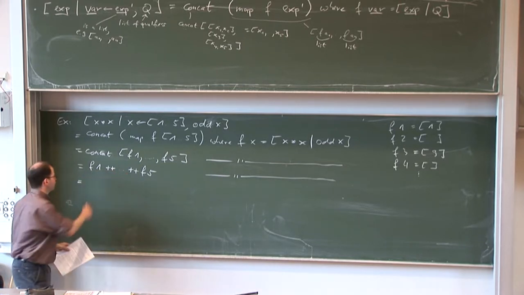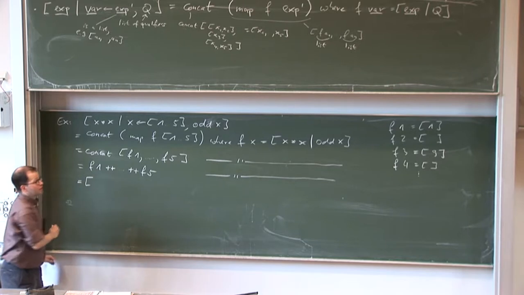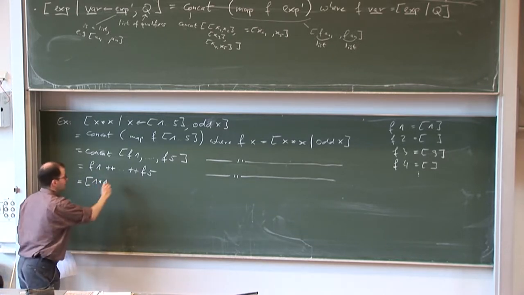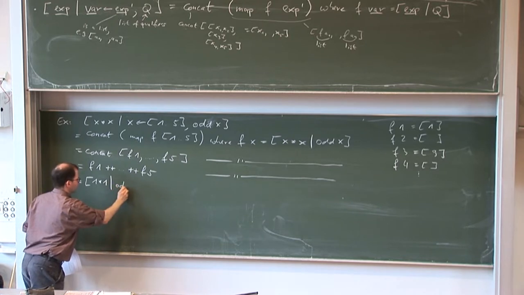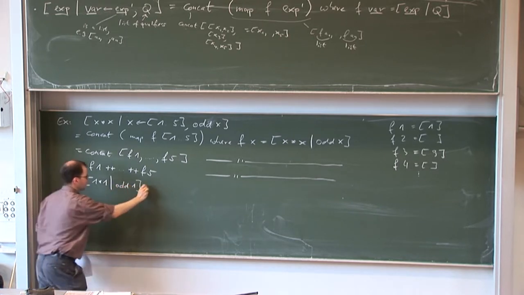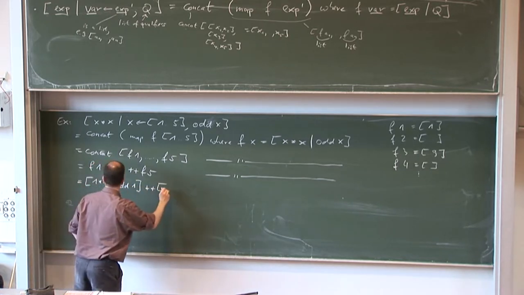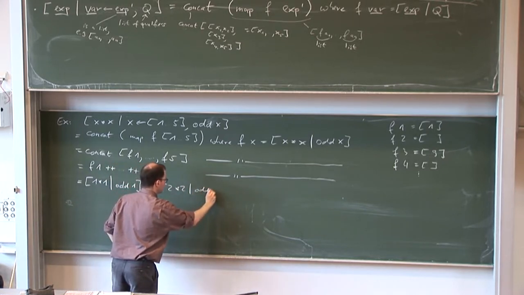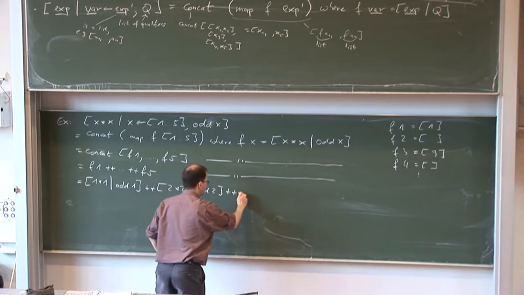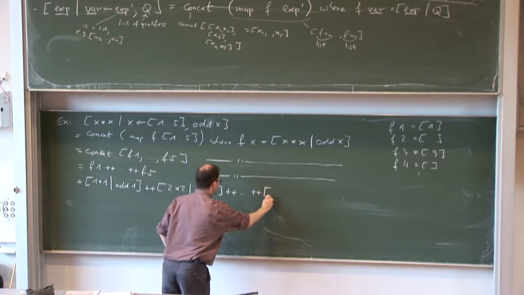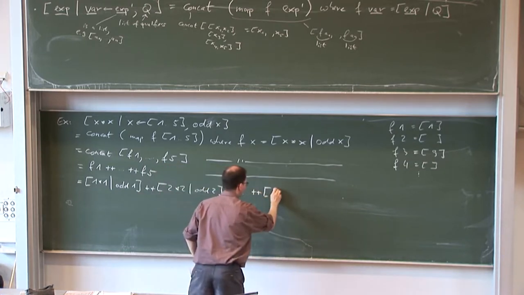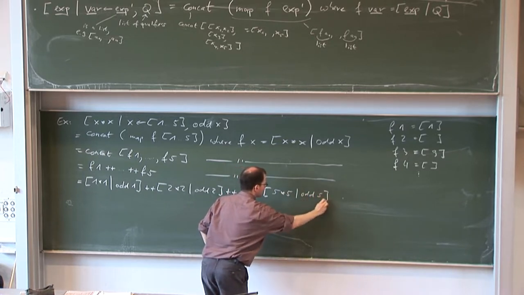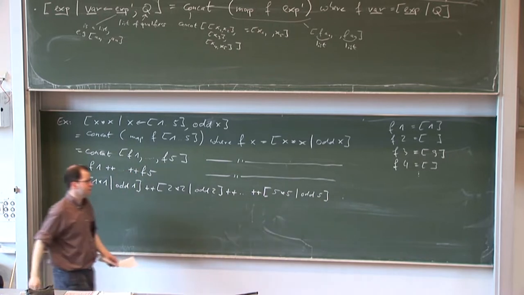So here we would have 1 times 1 if 1 is odd. This is appended to 2 times 2 if 2 is odd, and so on. And this is appended to 5 times 5 if 5 is odd.